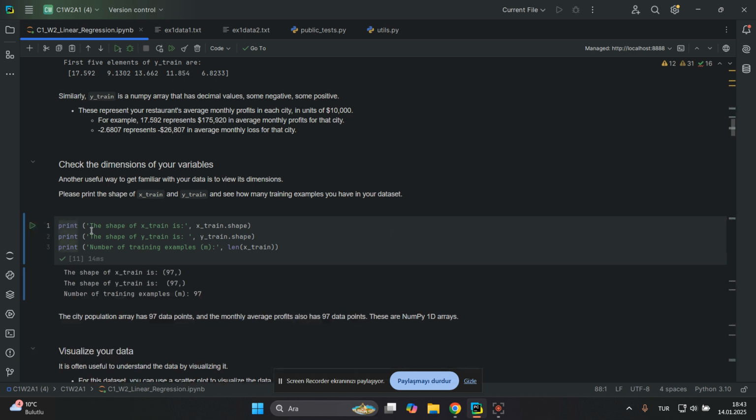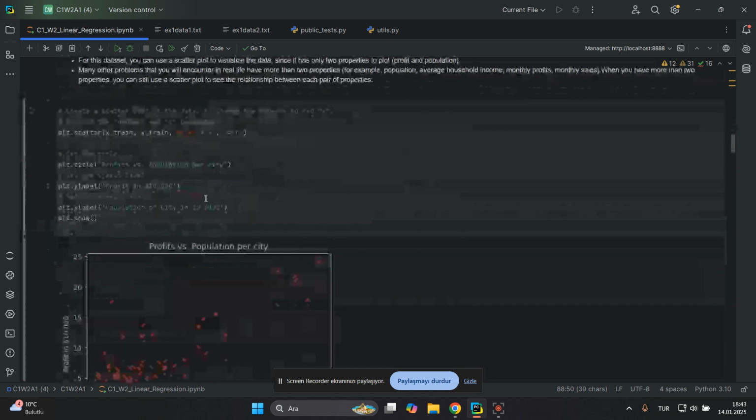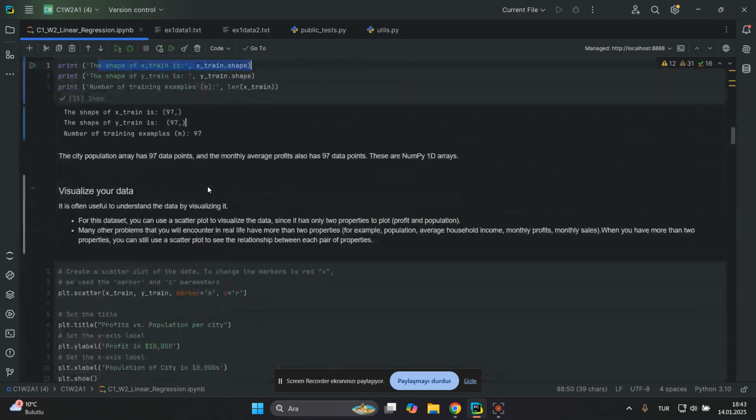The shape of x is 97. Actually this is comparing only the profit per city with the population of the city.